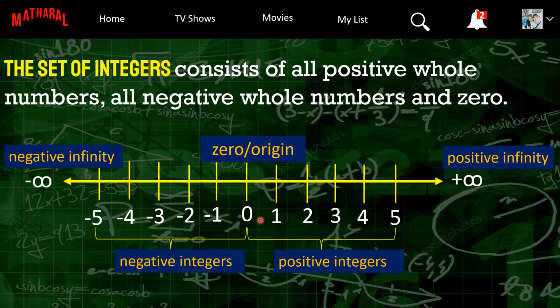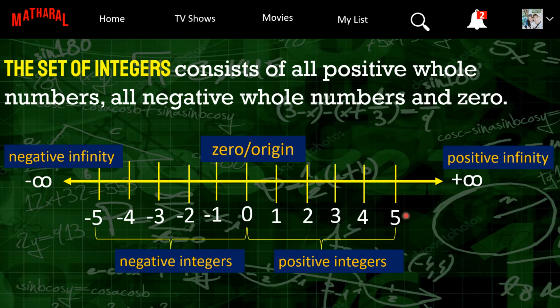Every number to the right of 0 is called a positive integer. Positive integers are represented by positive numbers: positive 1, 2, 3, 4, 5. These are the positive integers. While on the left of 0, there are negative numbers such as negative 1, negative 2, negative 3, negative 4, and negative 5. These numbers represent the negative integers. So, ayun po siya. We have negative integers, 0 or origin, and positive integers.